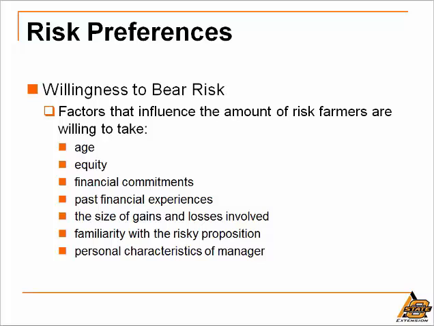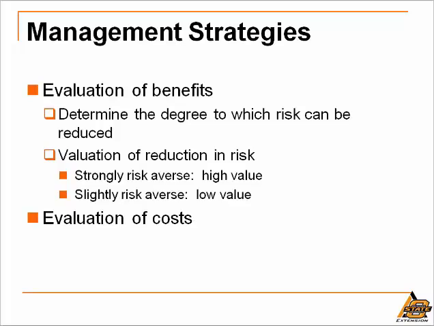If, for example, they could lose the entire value of the wheat crop if drought or freeze wipes it out. Finally, as individuals learn more about a risky proposition, they in general tend to be willing to take on a little bit more risk.